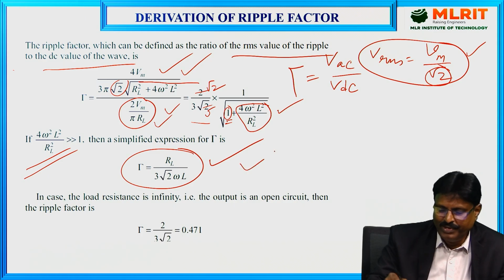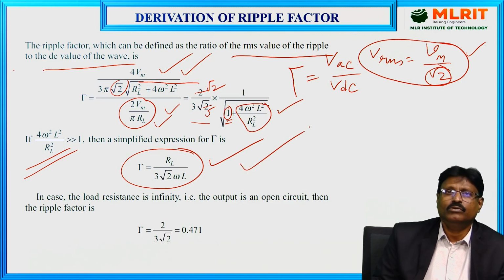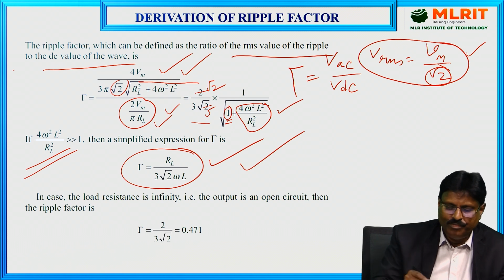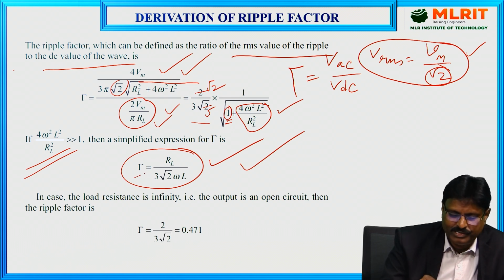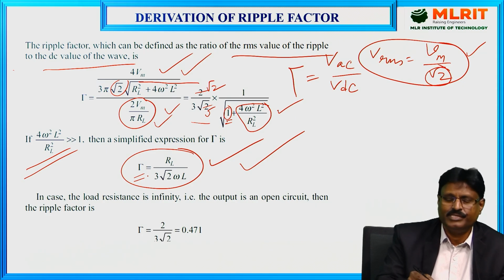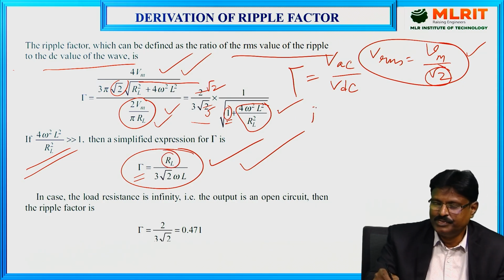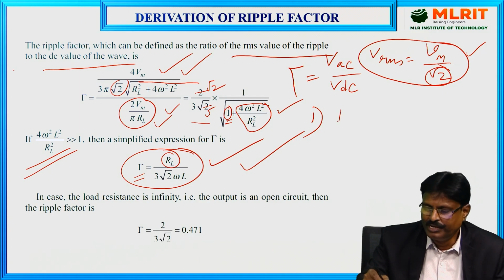From this ripple factor, we can draw two conclusions. We always need to minimize the ripple factor for better performance of the rectifier with the filter. If you want to decrease the ripple factor, what are the ways here? First option is we need to decrease RL.